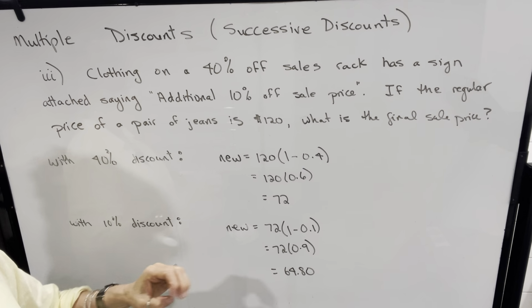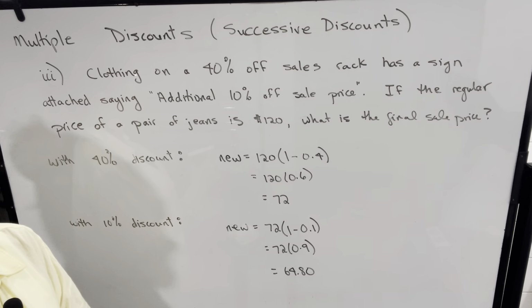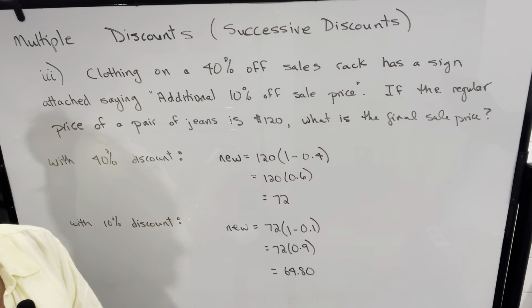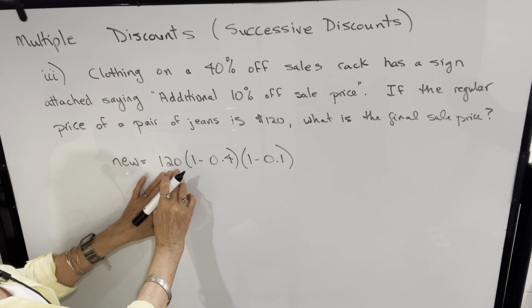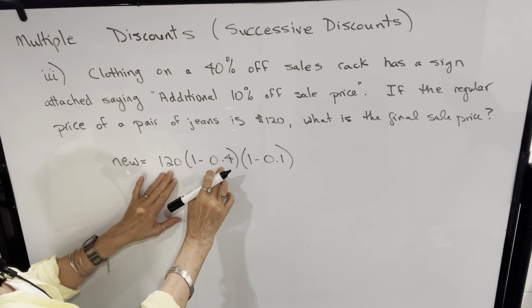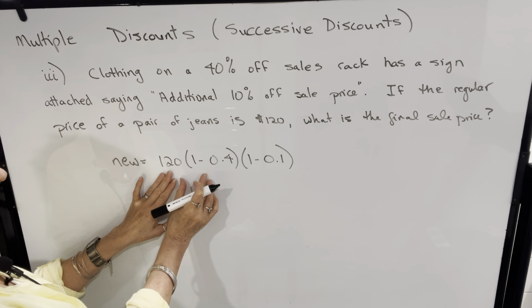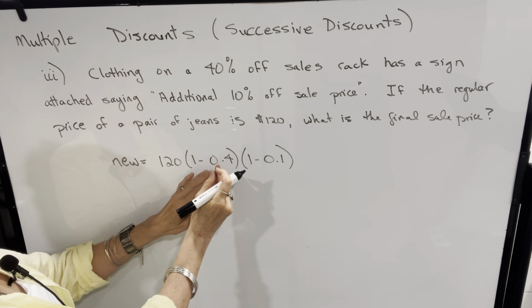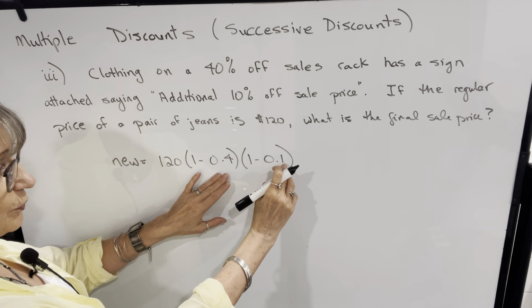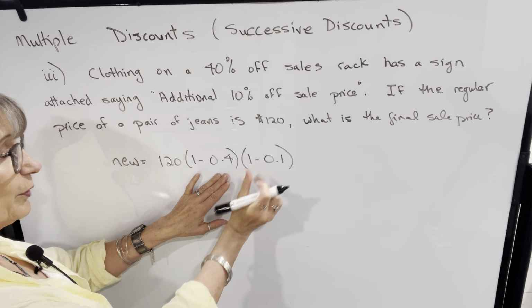If you're wanting to know the price after each discount, you can go through each step, but let's look at how we can do this calculation all in 1 step. What we can do is take our original price of $120, multiply that by 1 minus 0.4, so in other words 60%, or 0.6, and then take that value and multiply by 1 minus 0.1 for the 10%, or in other words, multiply by 0.9.